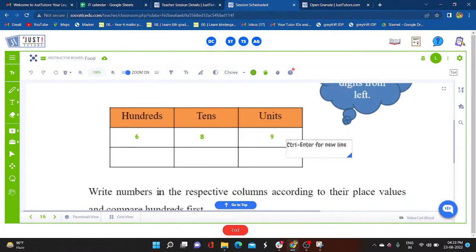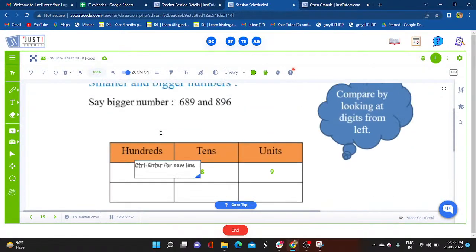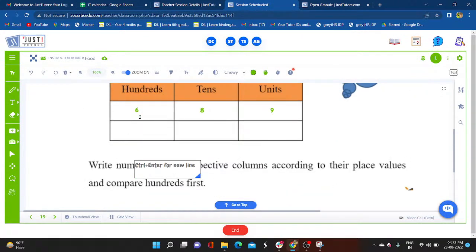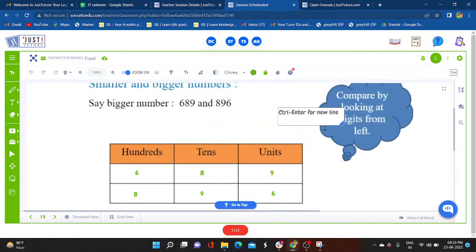Now the next number is 896. This is the second number.